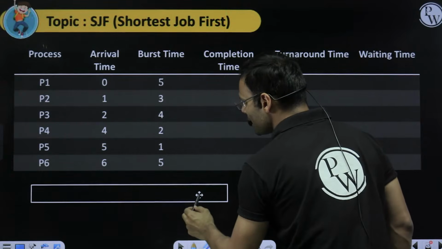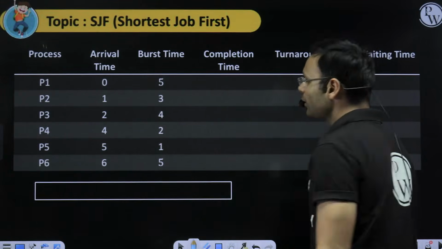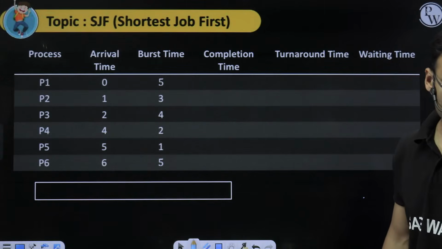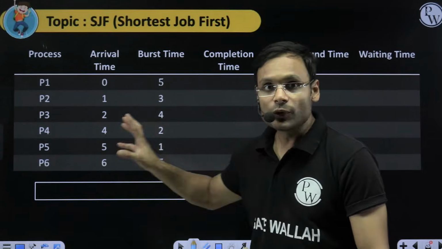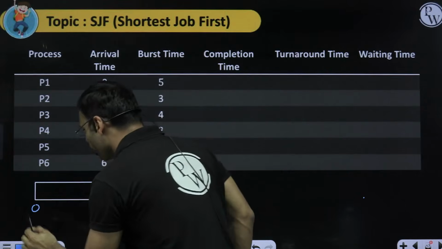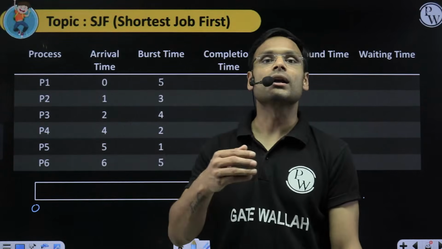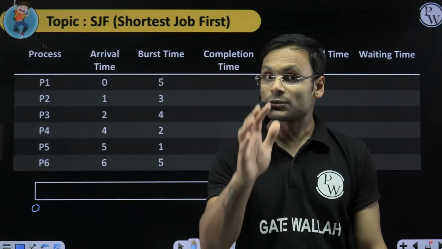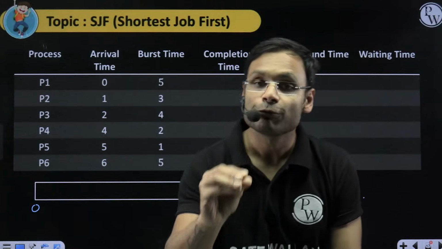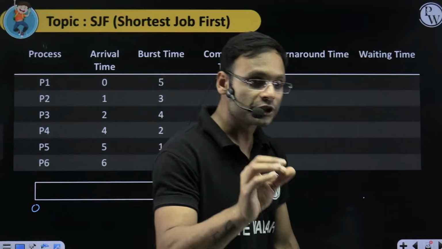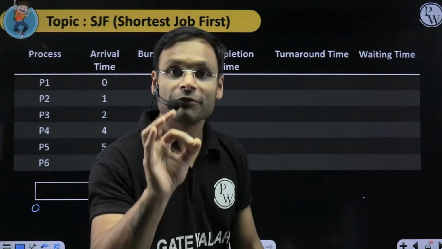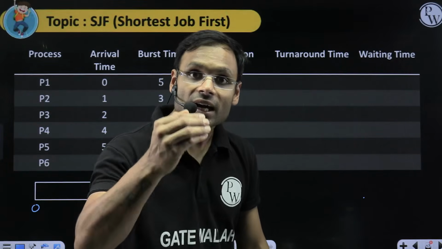I am sure you guys are trying. I can also solve along with you guys. At time 0, we will have to check what all processes have arrived already. I told you guys 3-4 times, you can schedule only that process which has arrived.